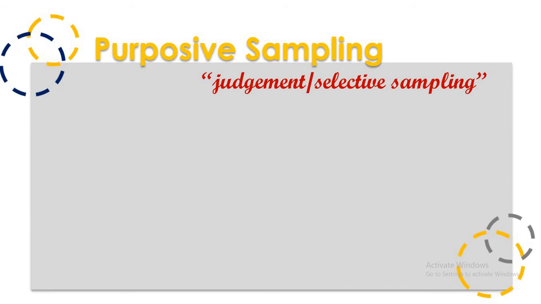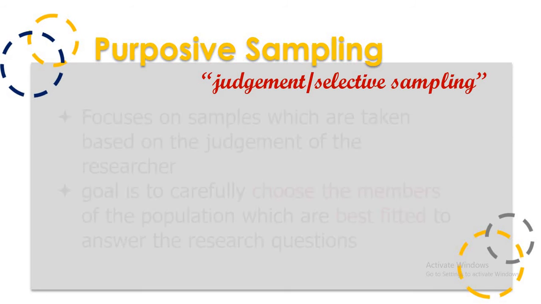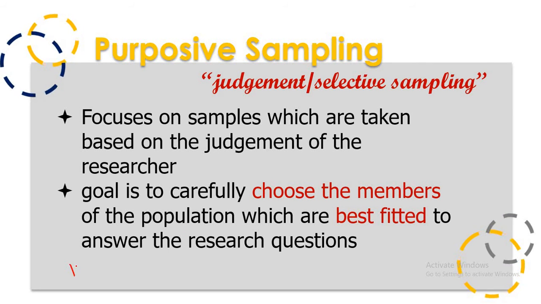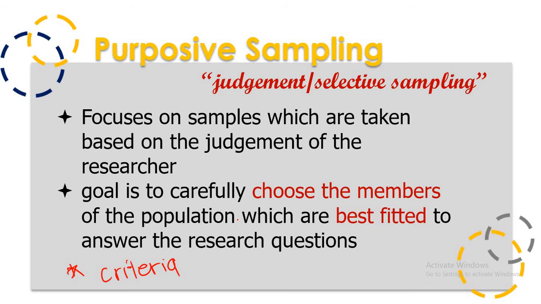Next is purposive sampling, otherwise called judgment or selective sampling. It focuses on samples which are taken based on the judgment of the researcher. The goal is to carefully choose the members of the population which are best fitted to answer the research question. Or in other words, the samples will be based on certain criteria. If the chosen respondent meets the criteria, then they will be qualified.